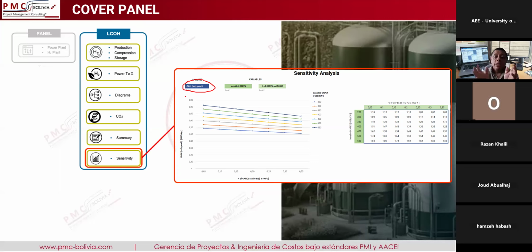We can choose between 8 output data and compare with more than 14 input data.